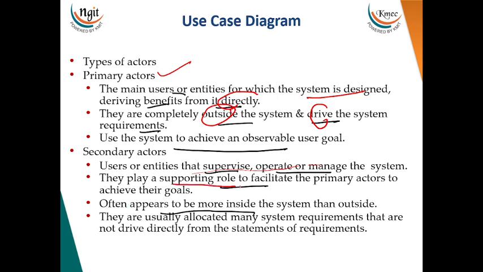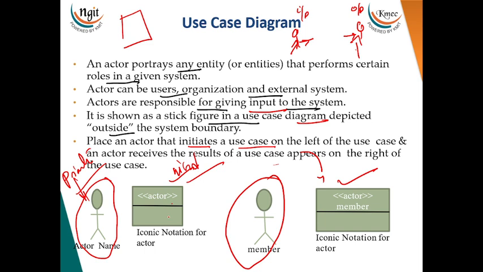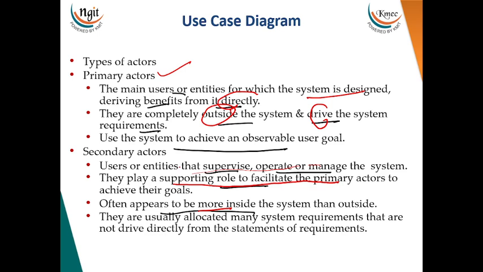It plays a support role in facilitating the primary actor. It often appears inside, and this is called your secondary actor. They are inside the organization and play a supporting role for that one. Correct. Often inside the system, they support the system.